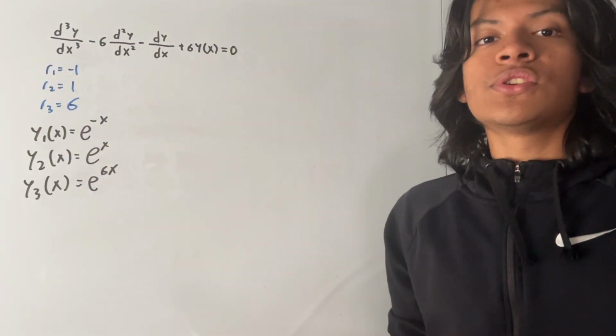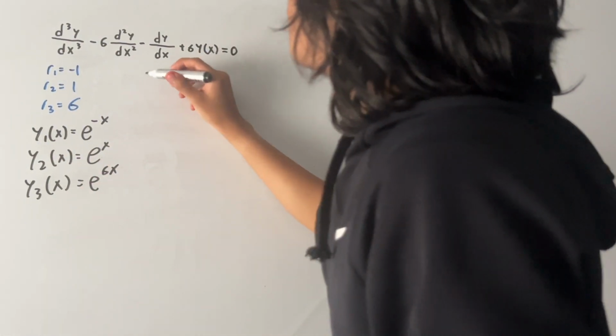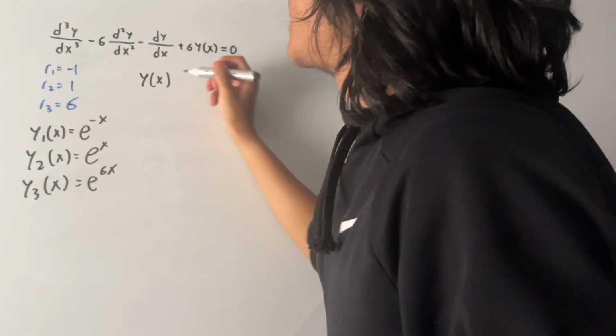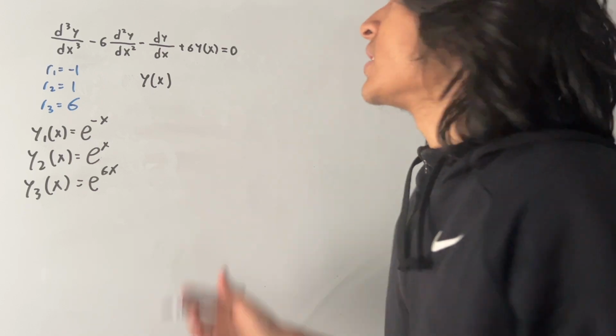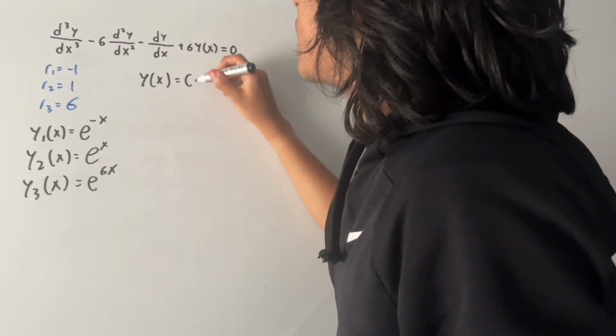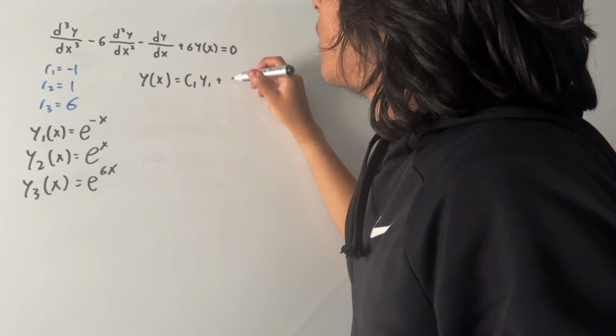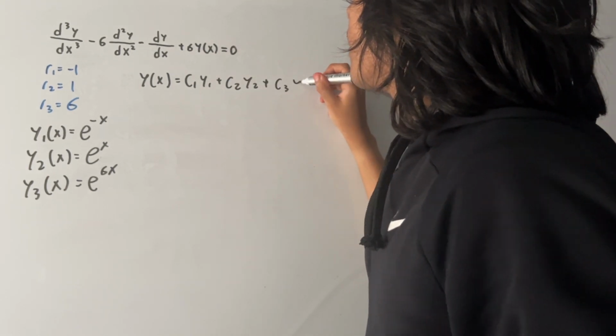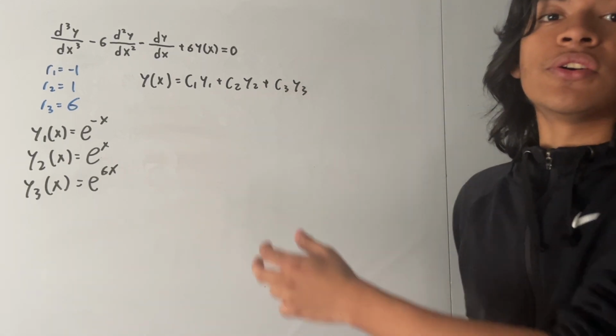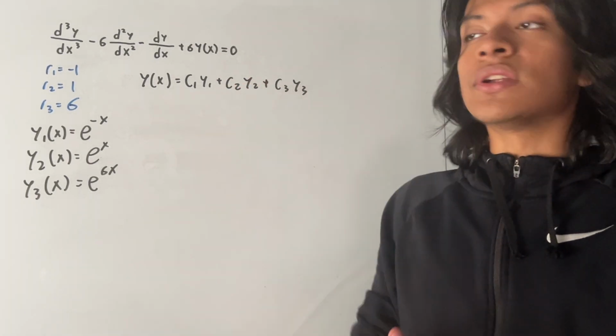But for our general solution, we're going to expand it. So y of x, instead of dealing with two constants, we're going to have 3 constants this time. So we have c1 y1 plus c2 y2 plus c3 y3. So this is what our general solution is now going to look like.